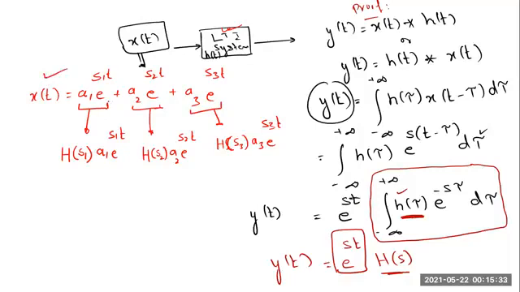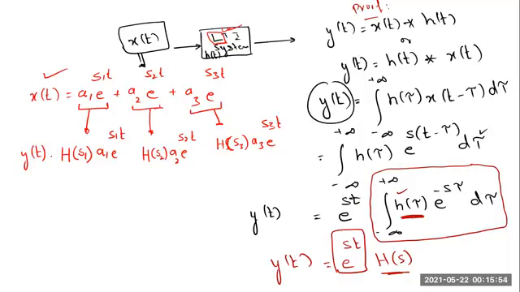Now, the actual input is not only this one or this one, it is the addition of these three. And we know that an LTI system is a linear system, so it will obey the principle of superposition. So if the input is the addition of these three, the output will also be the addition of the corresponding responses.